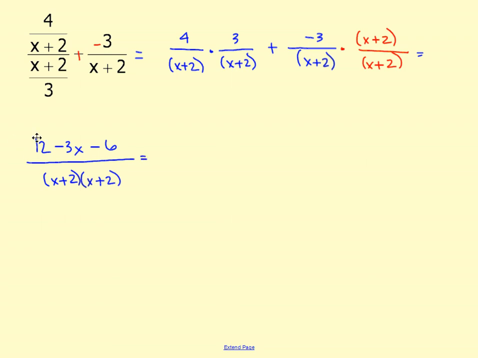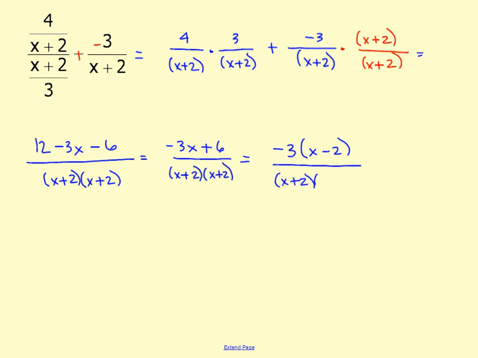Combine my like terms, so 12 minus 6 is positive 6, so I have negative 3x plus 6 over x plus 2, x plus 2. And now that I've combined all my like terms, my last step is to always factor the numerator. So I'm going to factor out a negative 3. When I do that, I end up with x minus 2 over x plus 2, x plus 2.